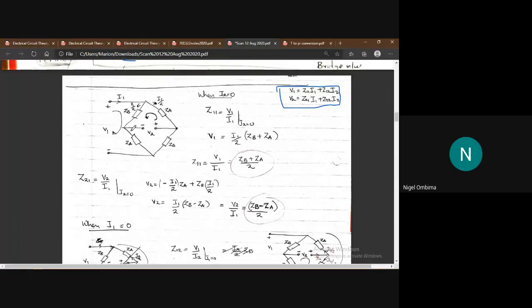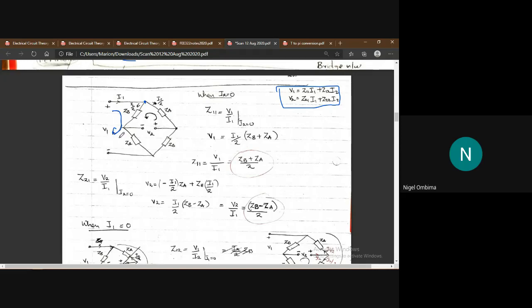So tunakuja hapa. Consider this first KVL loop, whereby I1 flows, then KCL upper in a split, but consider this loop peke yake, whereby I2 is 0 now.